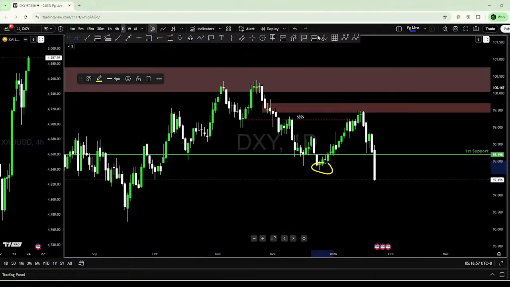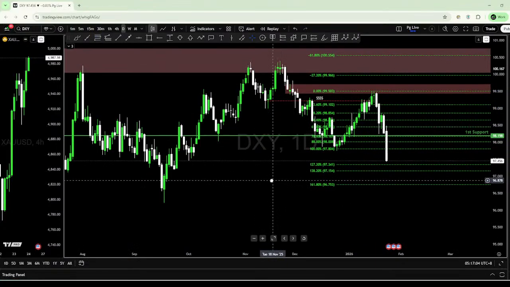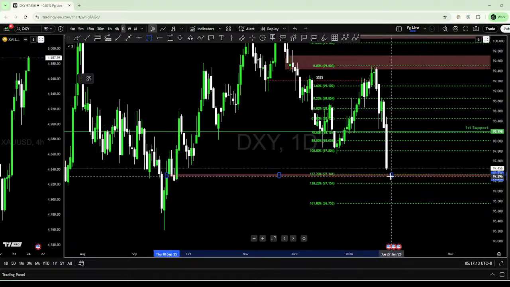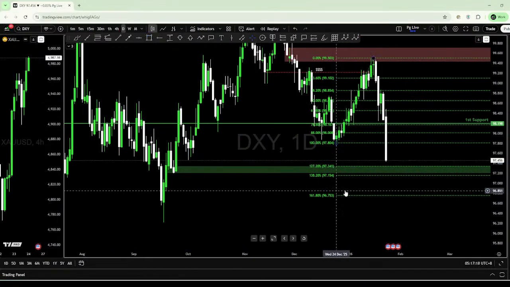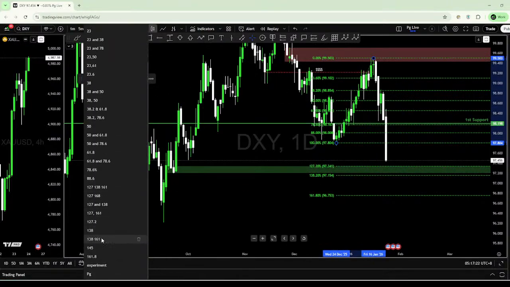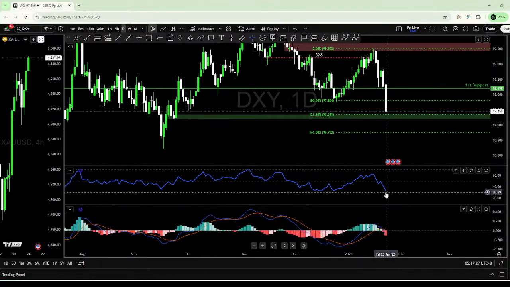So what is the next support? We can use the extension. The nearest that I can see is at the extension, and if you look to the left, we have demand somewhere around here. You can see this is also falling, almost touching the level 30.